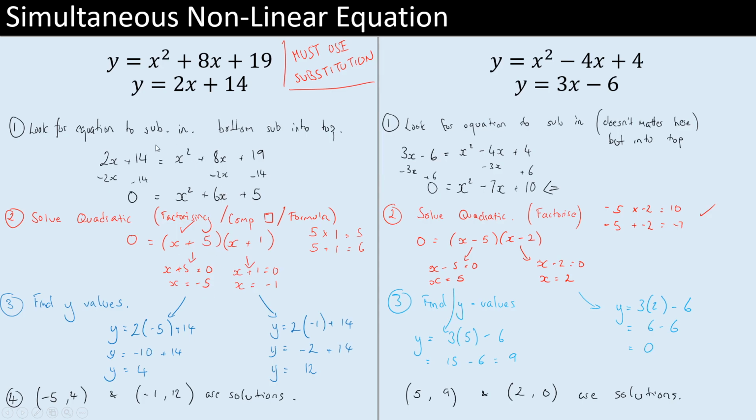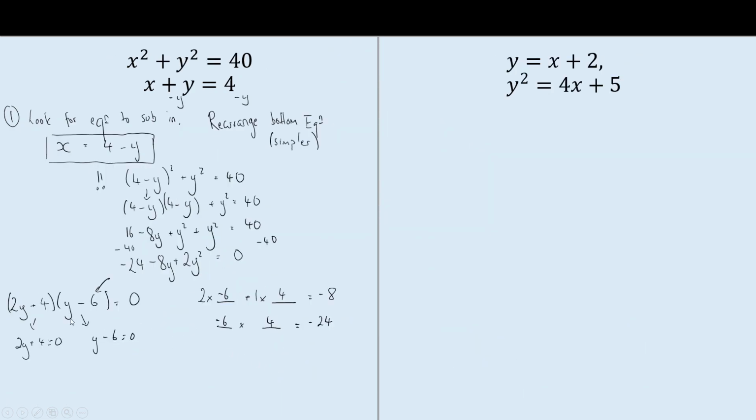We've had to go through a lot more than we did previously, but we're now at this stage, and finding our y values is probably the easiest bit of this whole thing. Now we have found out what our y values are, so we're looking to find our x values. We've done everything in a kind of reverse process.